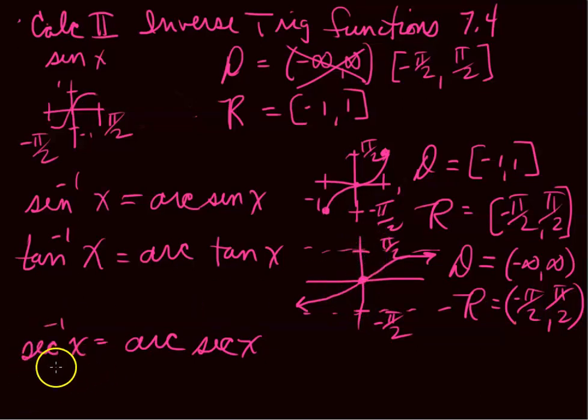The secant, well, secant comes from cosine, right? And the cosine is going to have something like this. And we're going to use then the top part of this because we've got this vertical asymptote. This is how we're going to restrict it. It's going to go from 0 to pi. And here's the 1 and negative 1, but we're going to go beyond that.